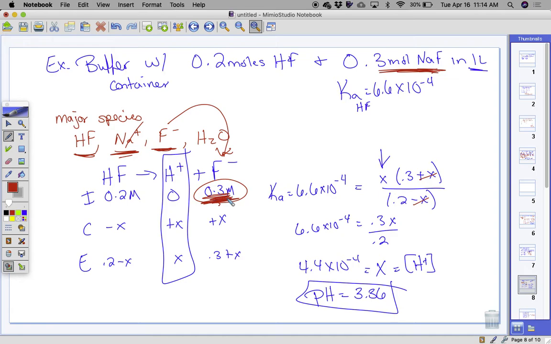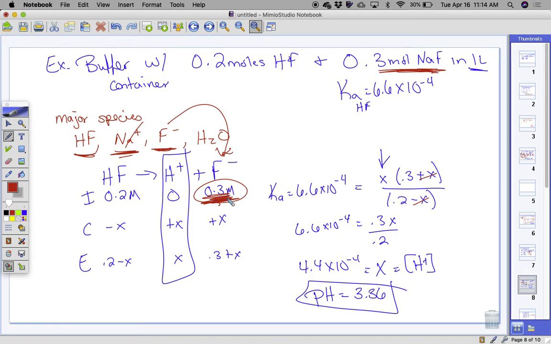So you cross out the Na plus because it's a very, very weak conjugate acid of a strong base. So it's not going to affect the pH. It's just soluble, a spectator ion. We don't even tabulate Kb for strong bases.